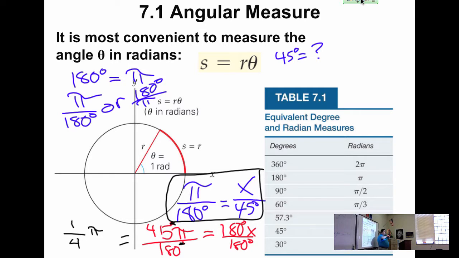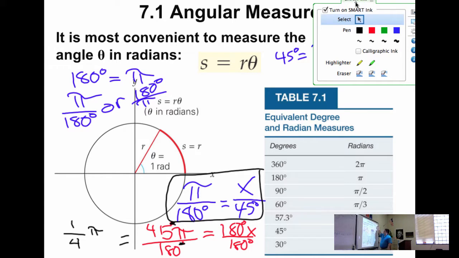It's moving a length, but a very specific type of length. An arc length. Do you guys see that? And so because it's moving an arc length, I can do some math here based on the radius or the angle. Does that make sense? Can I clear this off now?